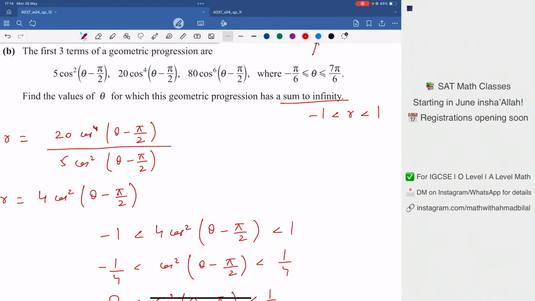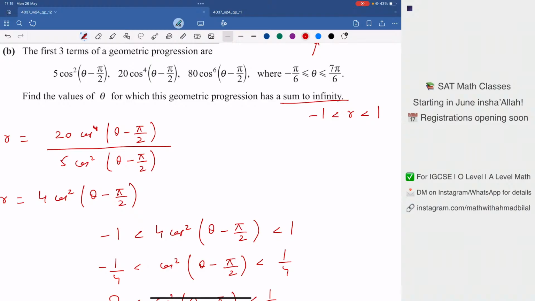For instance, if you input a value for theta at which this value becomes 0, then all the terms are just going to be 0, 0, 0, 0, 0. And that's not interesting, right? 0, 0, 0. That's not a standard geometric progression. So you could exclude the points where this thing would become equal to 0.